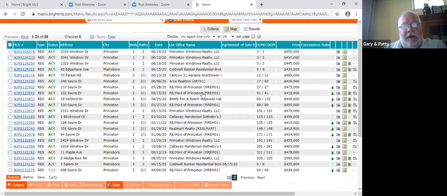I normally print out one of these one-line formats. The pictures aren't important. They are in a CMA. Here it's about the numbers. You know, we're not saying this house or another house is similar.